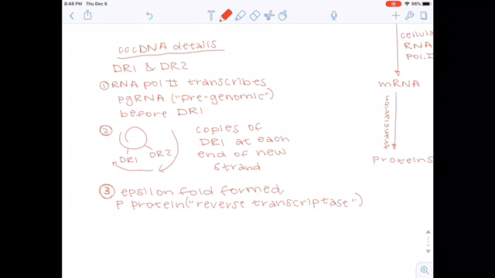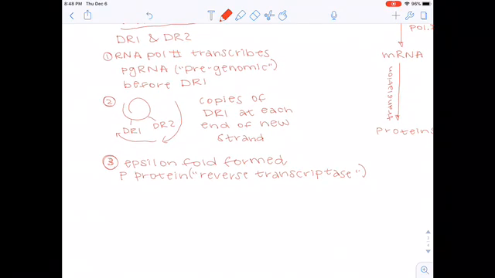This is what was just translated. And so the P protein binds, or it reverse transcribes a small portion of the strand, forming a primer. And that is going to bind the complementary strand.